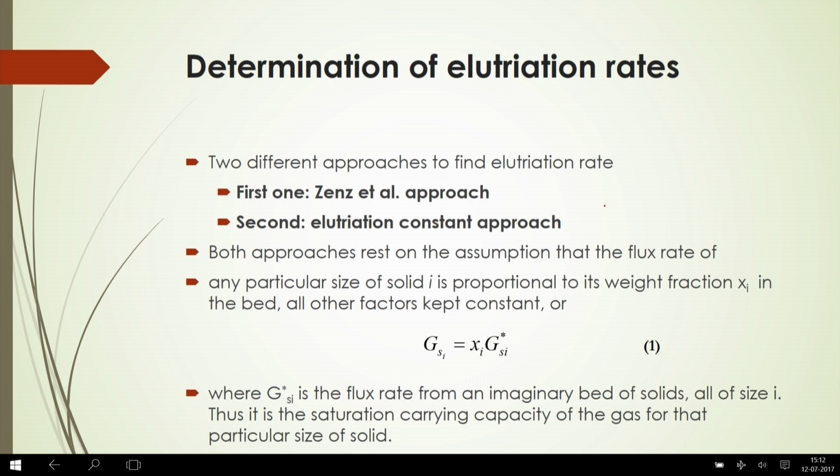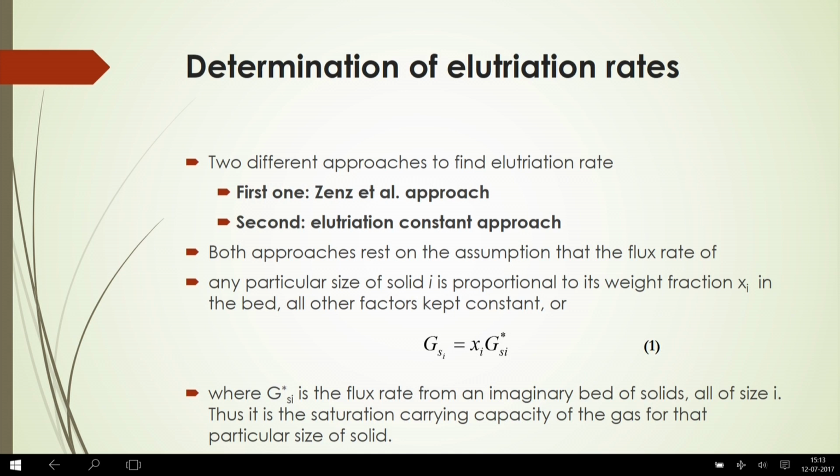Both approaches are based on the assumption that the flux rate of any particular size of solids i is proportional to its weight fraction x in the bed, with all other factors kept constant. Generally in the literature it is given as two types: the Jens et al. model and the elutriation constant model.